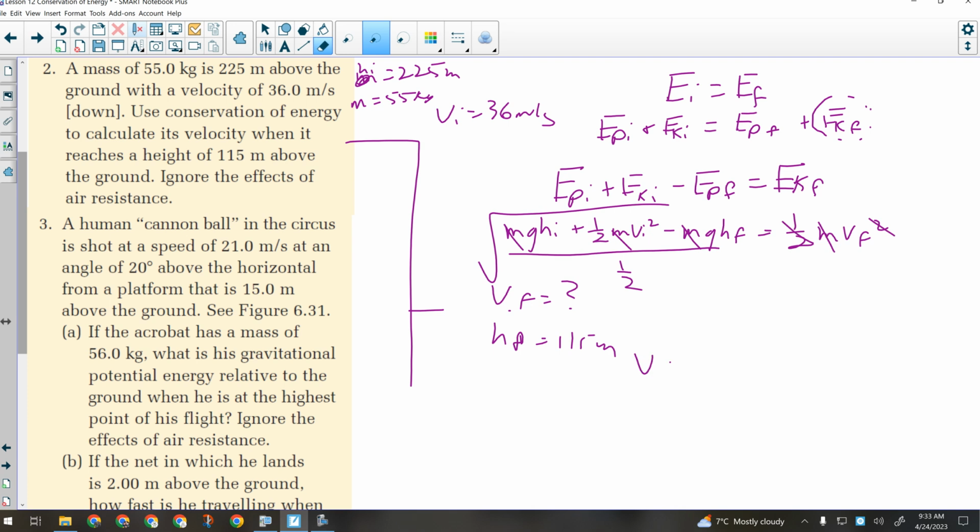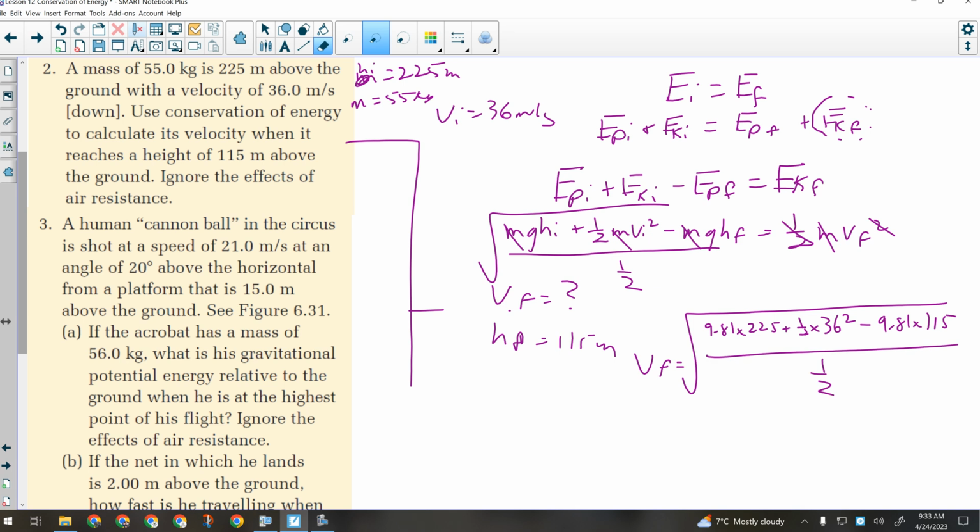Okay, so VF is going to equal the square root of 9.81 times 225 plus 1/2 times 36 squared minus 9.81 times 115 divided by 1/2.